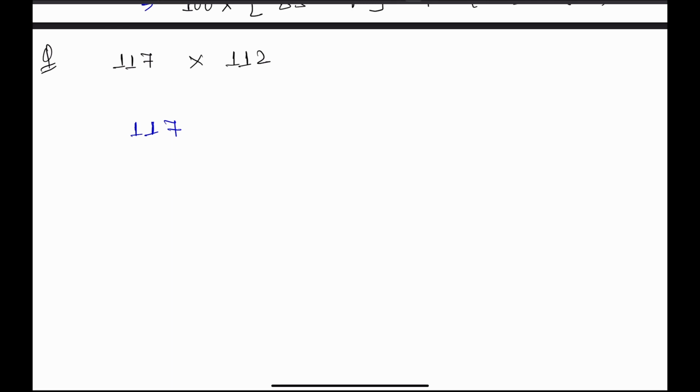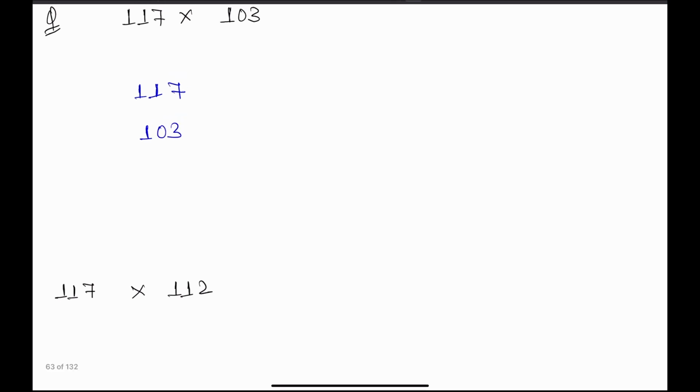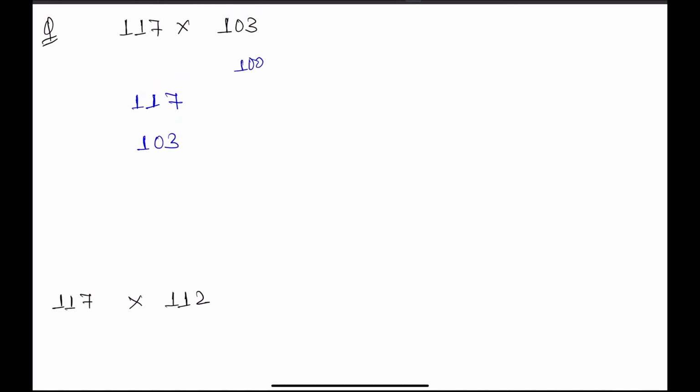Let's do one thing, we'll solve this question, but not now. Slowly we are going to move. As I have already written over here, 117 into 103. So how are we going to solve this? 103, what is the nearest base? Nearest base is 100. How much do we need to add to 100 to make it 117? 7.